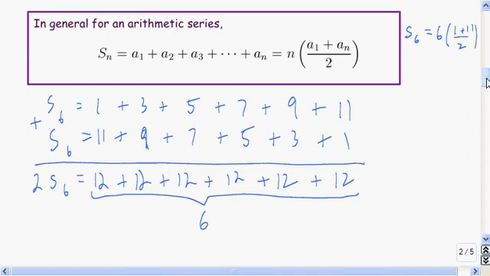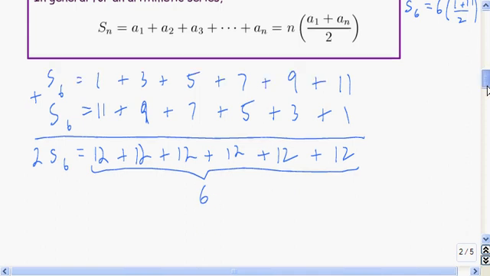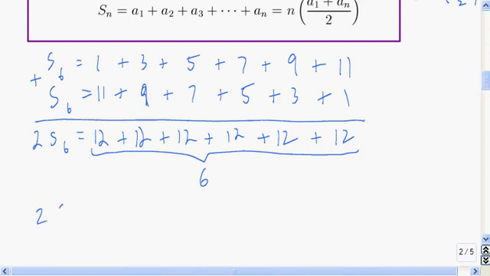So that means that 2 S sub 6 is equal to 12 times 6. But 12 is actually equal to the first term plus the last term. So that's 6 times 1 plus 11. Okay, so 2 times the sum of the first 6 terms is 6 times 1 plus 11.